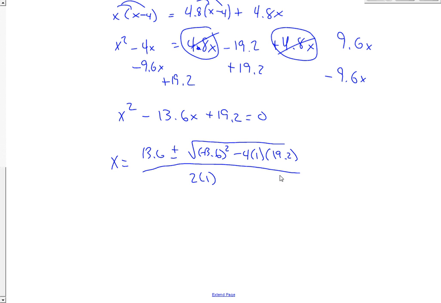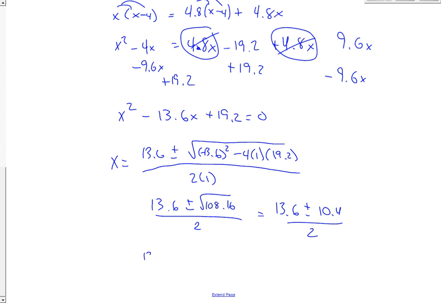Under the radical, this simplifies to 108.16. So 13.6 plus or minus the square root of 108.16 over 2. The square root of 108.16 is 10.4. So 13.6 plus or minus 10.4 over 2.